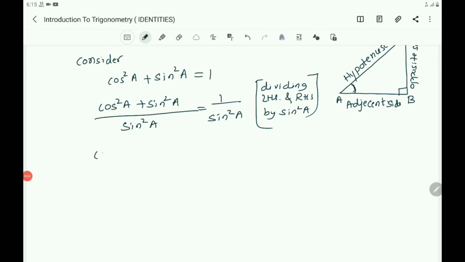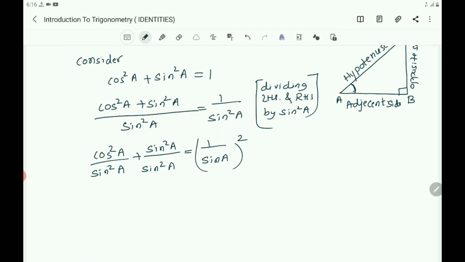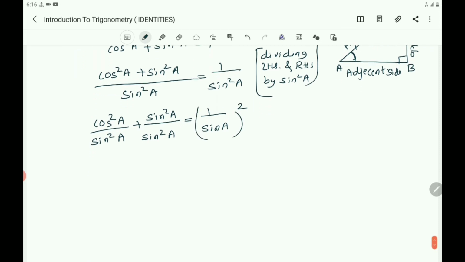Then that is cos square a by sin square a plus sin square a by sin square a equals 1 by sin a whole square.